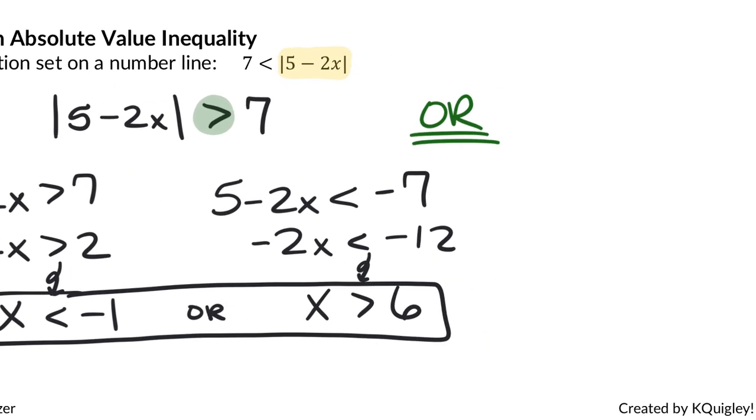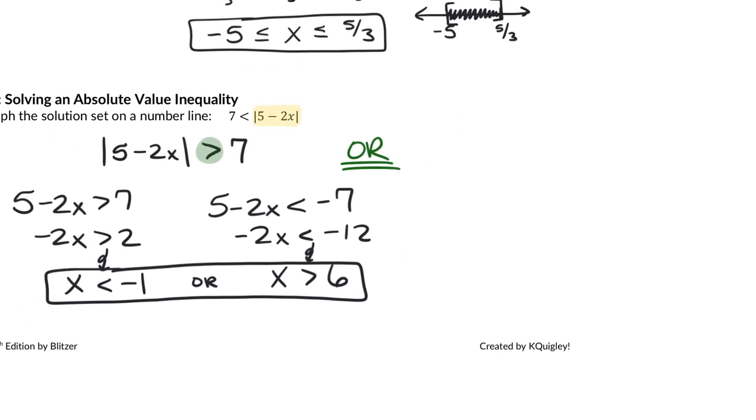On a graph, what this looks like, it's really not all that crazy, but since it's not an and statement, we should not have connecting sets. Here's my number -1, here's my number 6. Around -1, I want things that are less than -1. So I'm going to color this direction. And then I also have a separate one that is a possibility, or I can be bigger than 6.